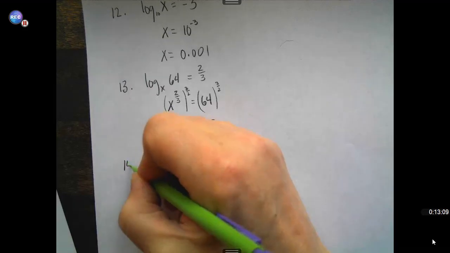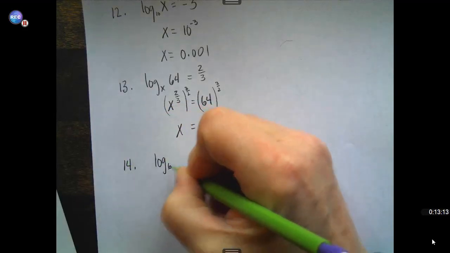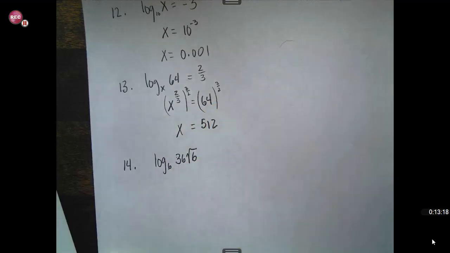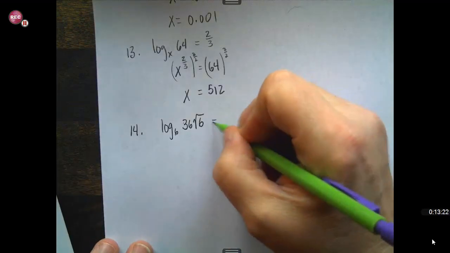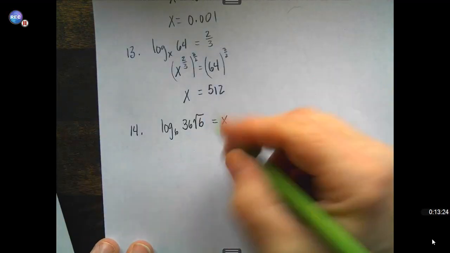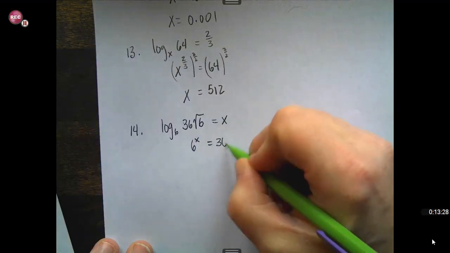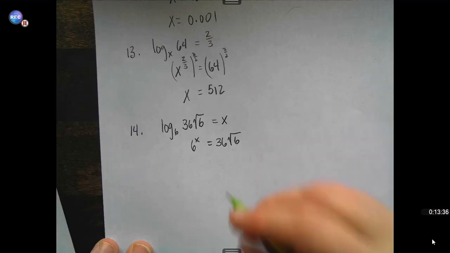15. Supposed to evaluate log to the base 6 of 36 square root of 6. So that means I set this equal to x. So 6 to the x is equal to 36 times the square root of 6. And obviously I need to match the bases because I have a variable in the exponent.